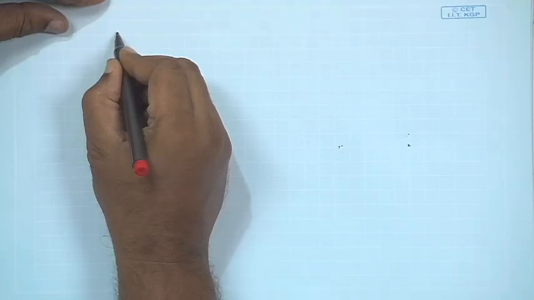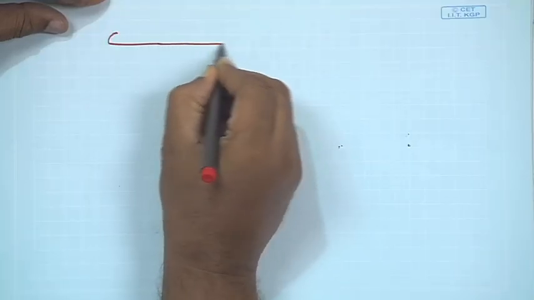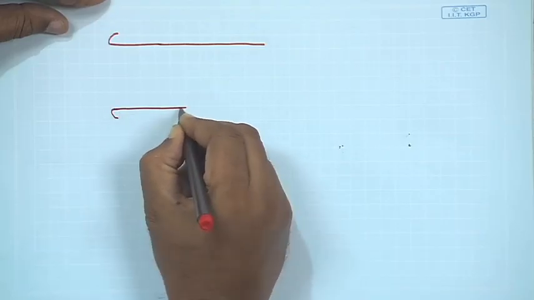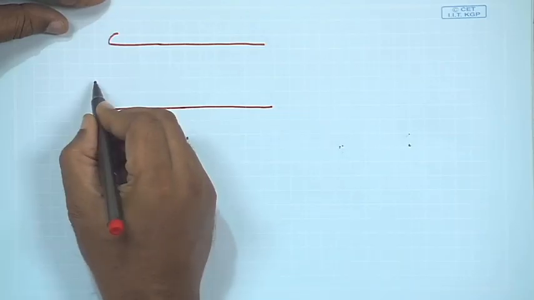The problem that I am going to solve essentially deals with a pipe, like a duct, which is a horizontal duct. The entry section is well rounded.